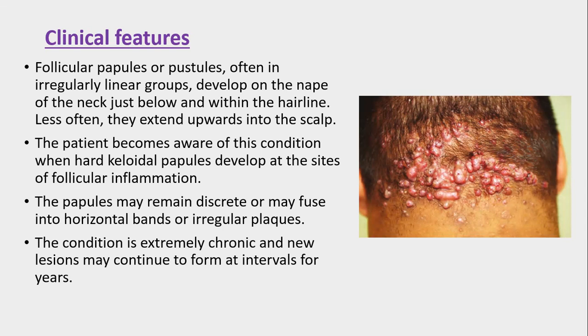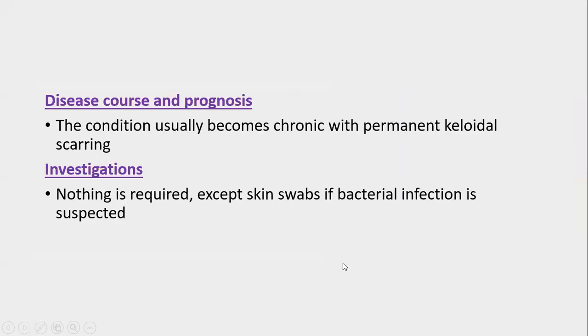The patient becomes aware of this condition when hard keloidal papules develop at the site of follicular inflammation. Papules may remain discrete or fuse into horizontal bands. You can see the horizontal bands in the picture, or irregular plaques. The condition is extremely common, and new lesions continue to form at regular intervals.